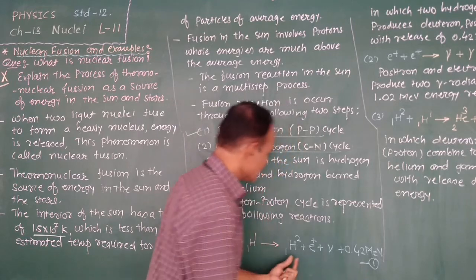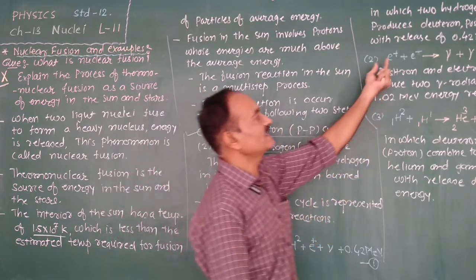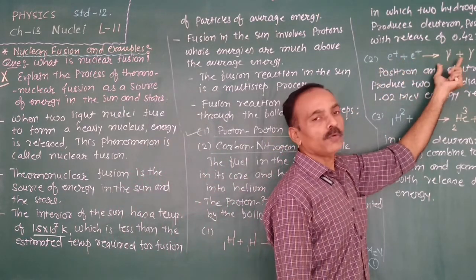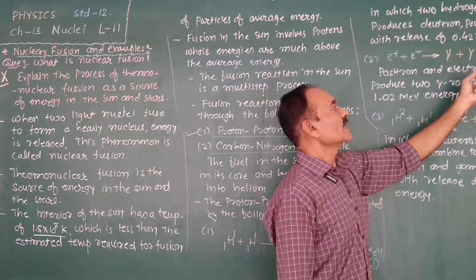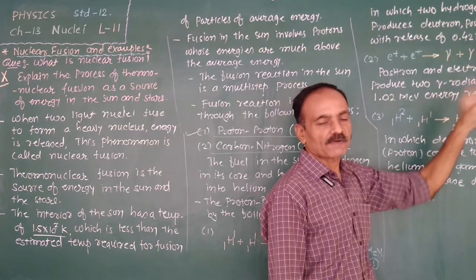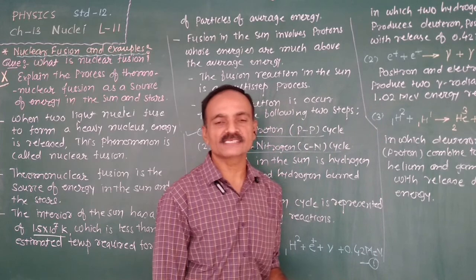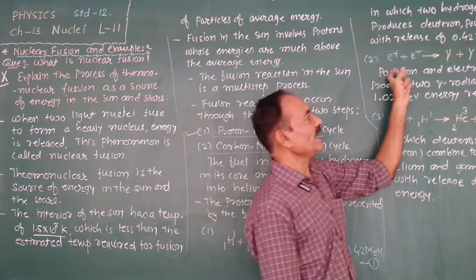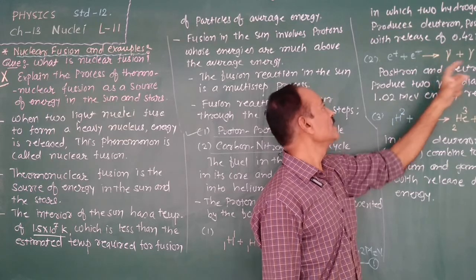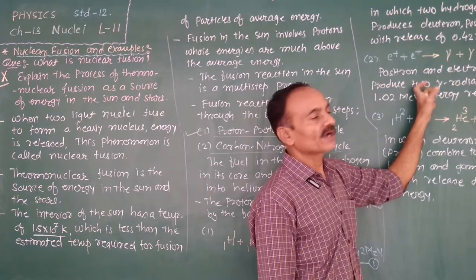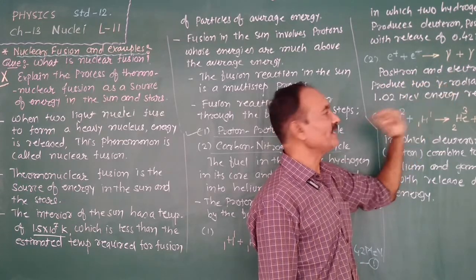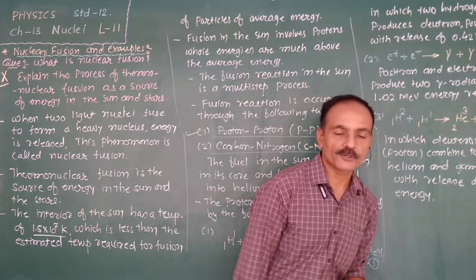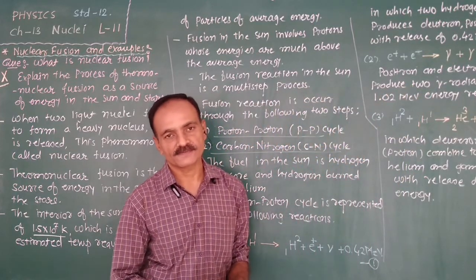Okay. This positron reacts with an electron, and two gamma radiations plus 1.02 MeV energy are also released. Again, the positron and electron combine to produce two gamma radiations with 1.02 MeV of energy.